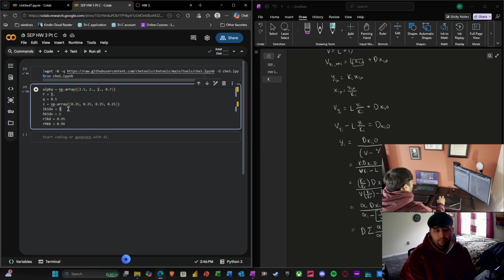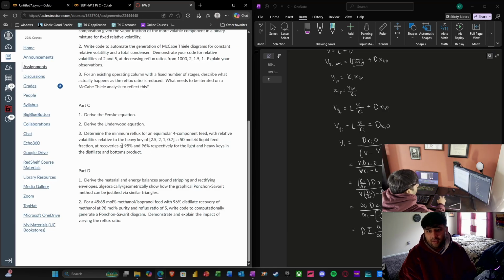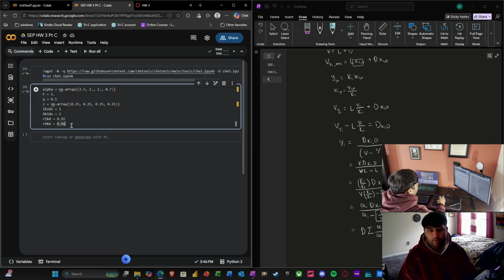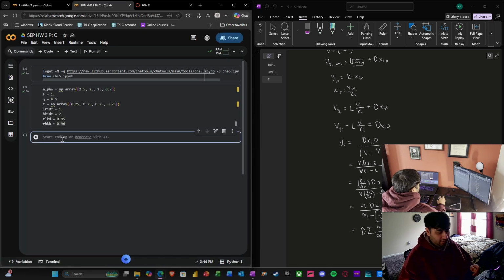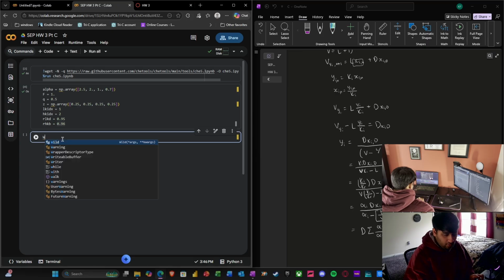Our light key IDX is set as 1, heavy key IDX is set as 2, and then our recoveries, for RLKD it is 95% for the light key, and for our heavy key, it's 0.96. So let's start with the next line of code, which we're going to set as W.